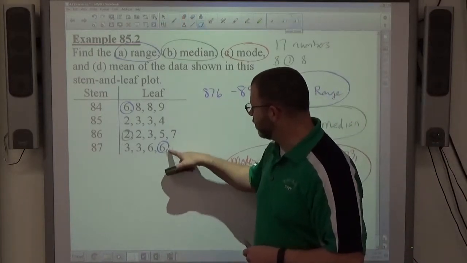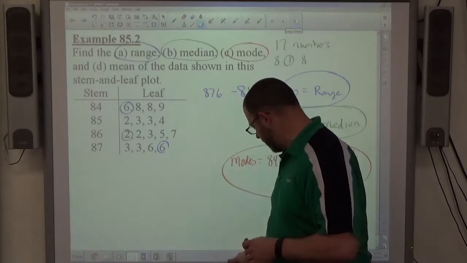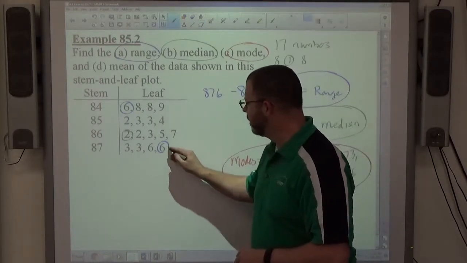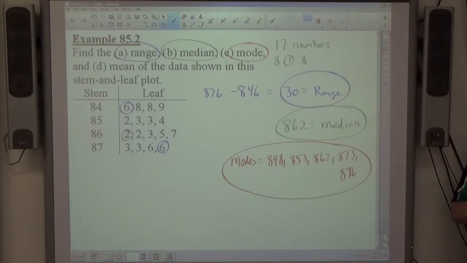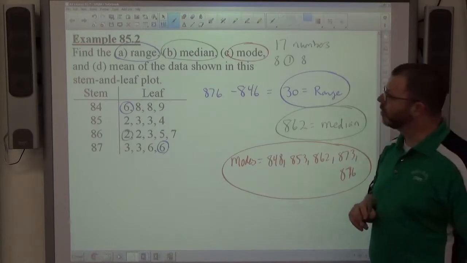But since there's 5 different numbers that happen the same number of times and the most, they're all modes. There is an option of no mode, if you recall. If every single number happens exactly once, there's no mode. But as long as any number happens more than once, the numbers that happen the most are the mode or modes.